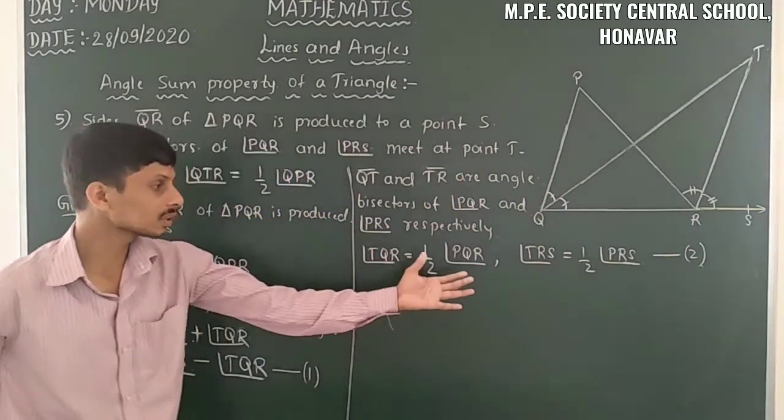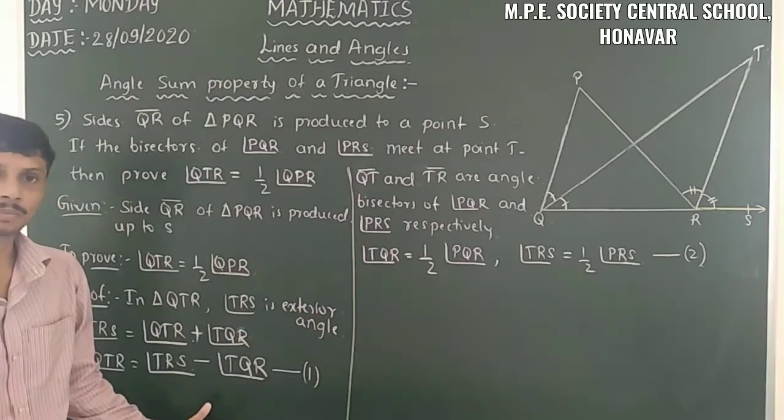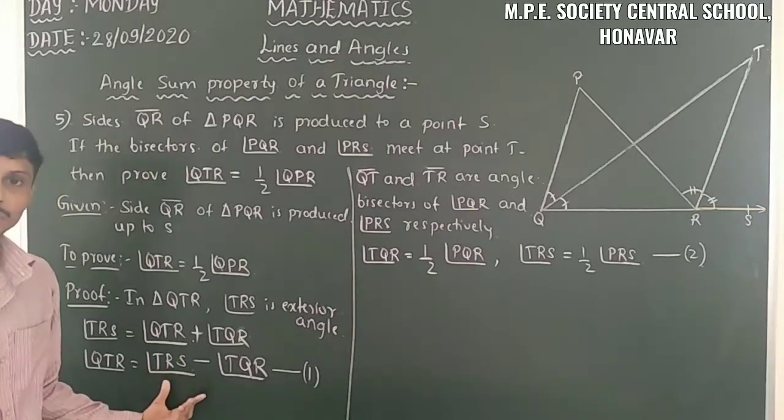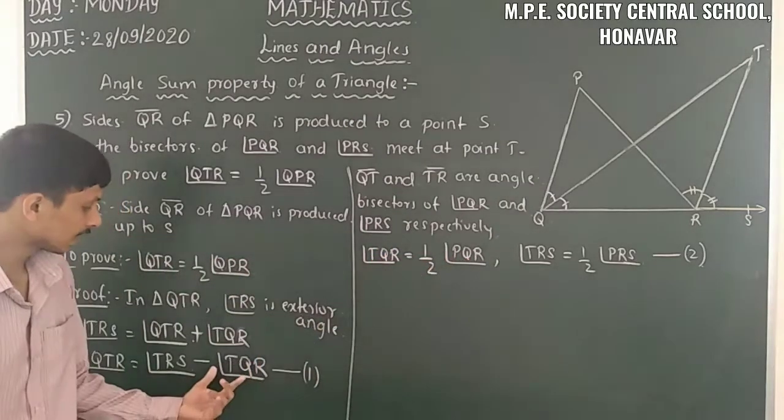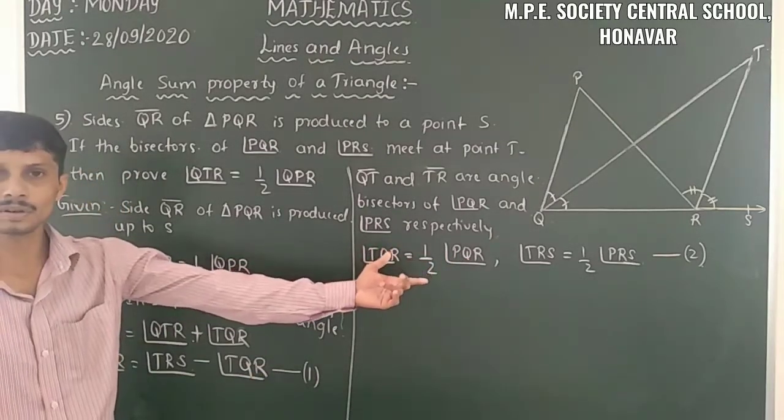Let us substitute equation number 2 in equation number 1. Here we have to replace TRS with half of PRS and TQR with half of PQR.